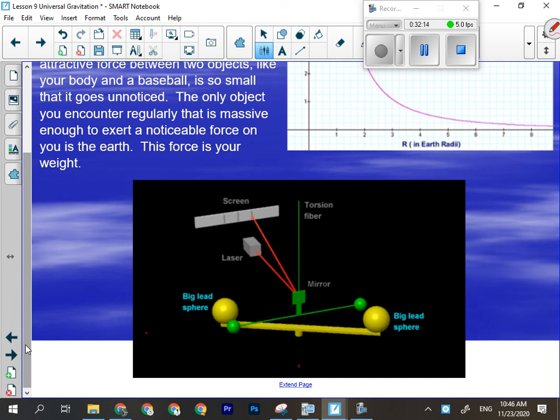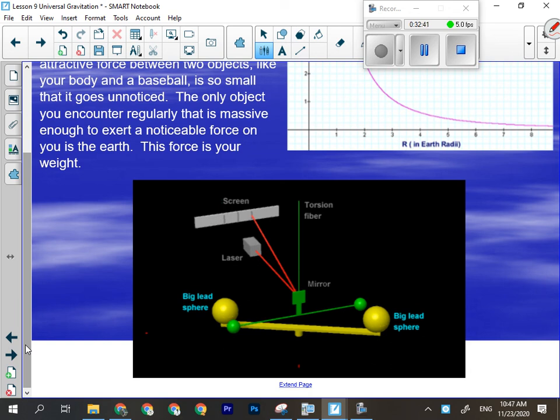This wire would twist because there would be a gravitational attraction between the masses, and it would rotate so that the two small masses would move towards the two big masses. Then there would be a force that would torque on the torsion fiber. That's why it was called a torsion balance. All this stuff was balanced and allowed to move freely and independently of Earth's gravity.